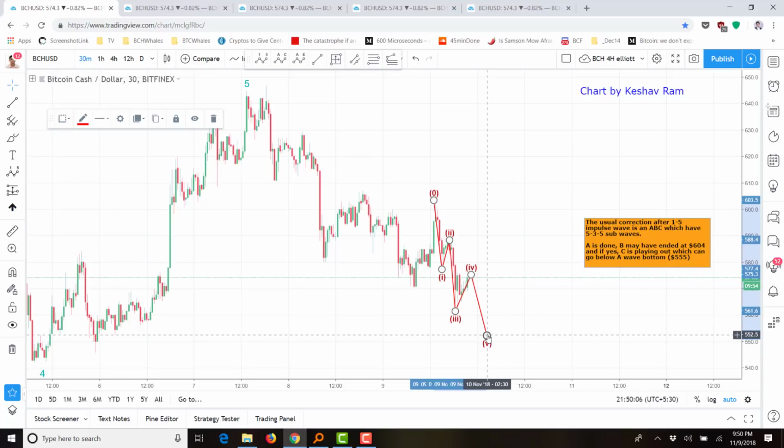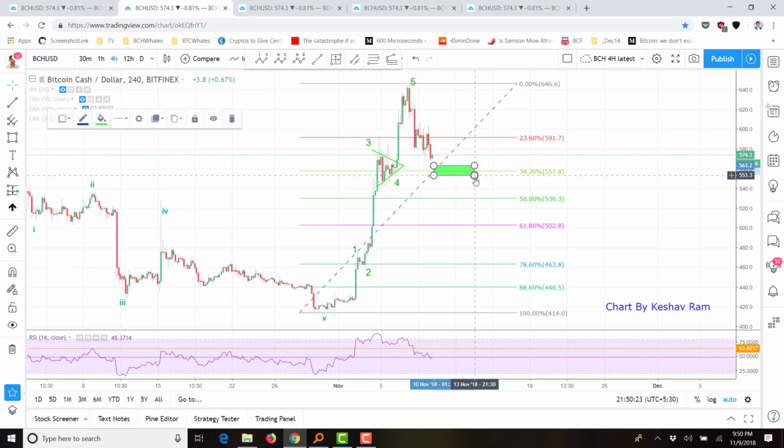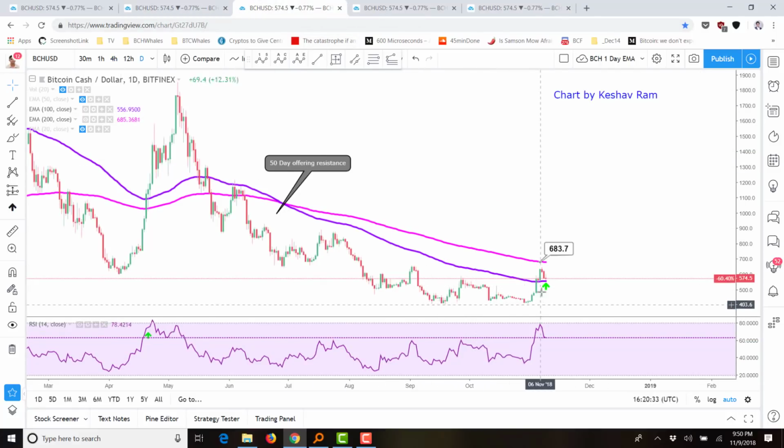So on our 1-hour chart, the fifth subwave shows as 555 or somewhere in that range, and it also is the 0.382 fib level. I'll just draw a rectangle here. This is the area that we are going to watch. This is a 4-hour chart. And finally, one more confirmation why I chose this place is there's a 100 DMA purple line here, which is a 100-day average, which usually acts as resistance and support as well.